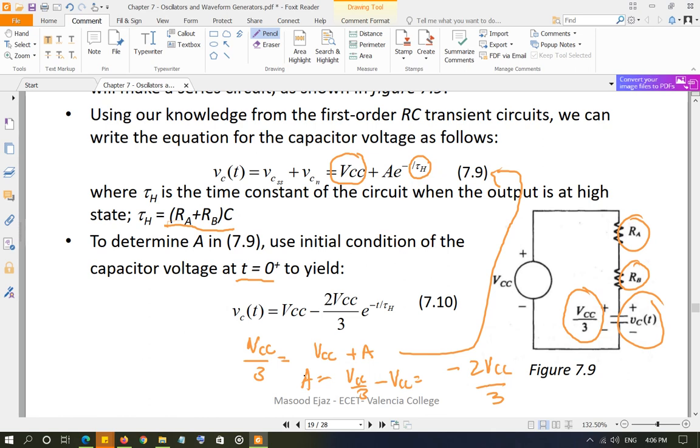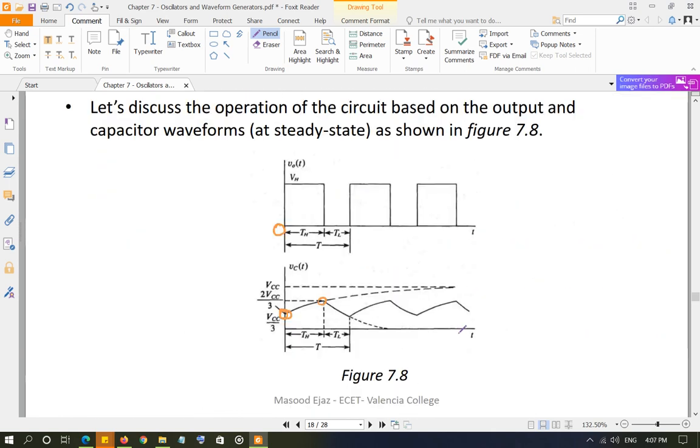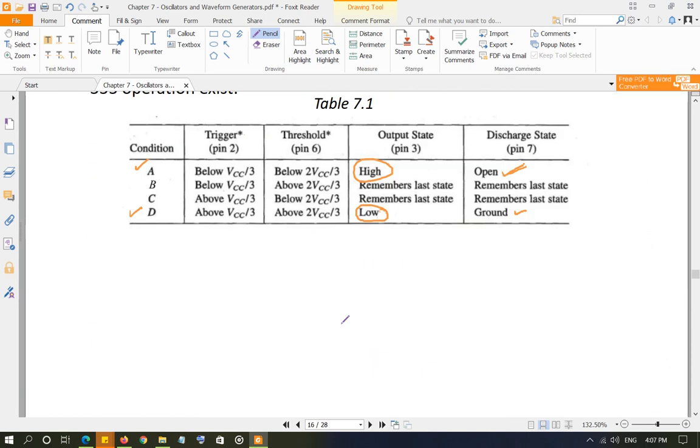Then you can find A is equal to VCC by 3 minus VCC, which will be negative 2 VCC by 3. And that's what you see over here. The value of A is negative 2 VCC by 3, times e to the power negative t over tau H. So this is when the output is high and the capacitor is charging from VCC by 3 and going towards VCC.